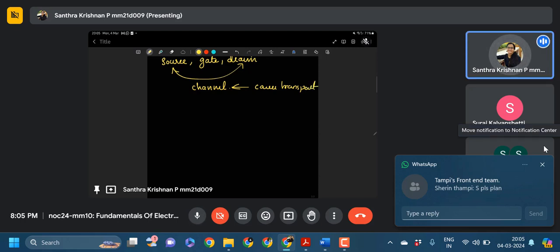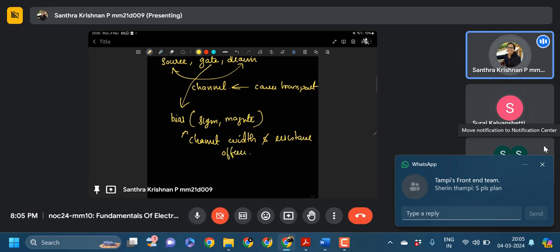The bias of the gate, its sign and its value, determines the channel width and the resistance offered. This much is the basic idea of what an FET is.